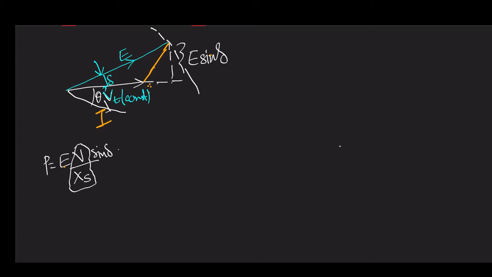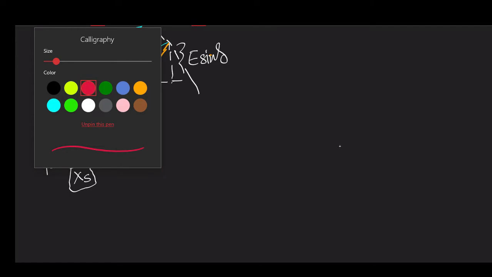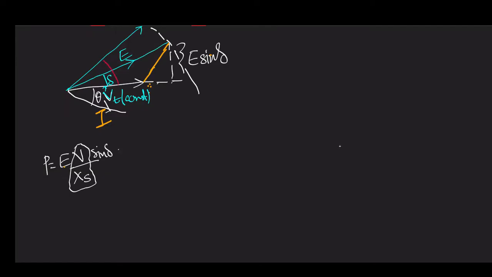We will have a different E here with a value of delta dash, where delta dash is greater than delta. And clearly from this diagram you can see that E sine delta is less than E sine delta dash.